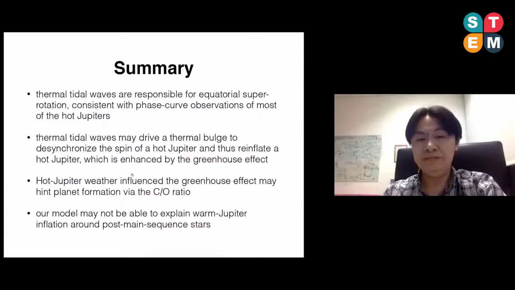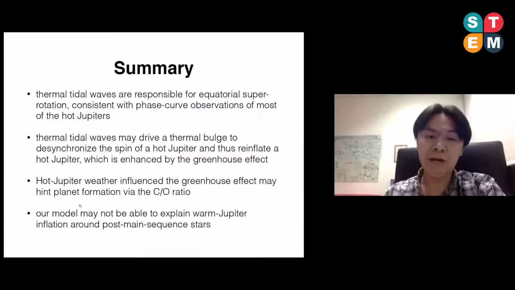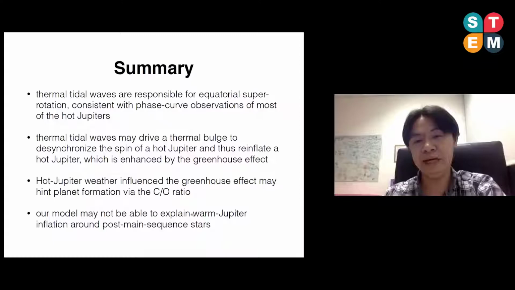Hot Jupiters, whether influenced by the greenhouse effect or not, may shed light on planet formation via the C/O ratio. Finally, our model may not be able to explain the warm Jupiter inflation if that is really there around evolved stars. So I will stop here.